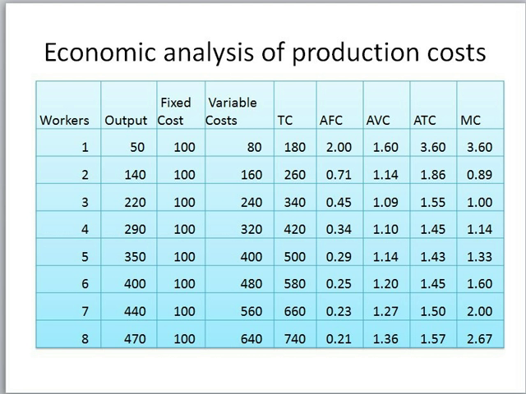And there is a very important concept, which is the marginal cost. The marginal cost can be thought of as the derivative of the total cost. As an approximation for the derivative of the total cost, what we have is the difference in cost divided by the difference in output.